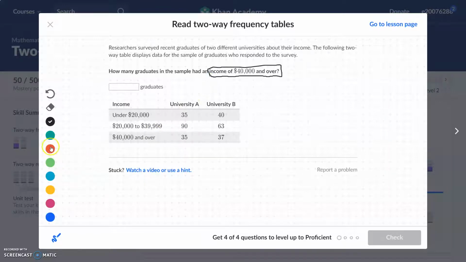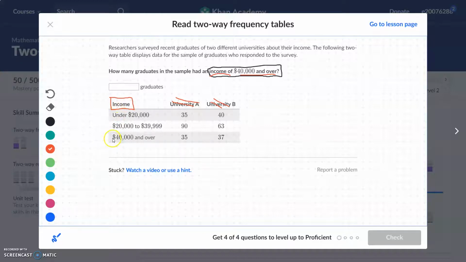So we have to see where this is going to fall. It doesn't talk about which university. Okay, so it doesn't matter which university the student was in. They just want to know how many students had an income of 40,000 and over. So it's just concerned with income.